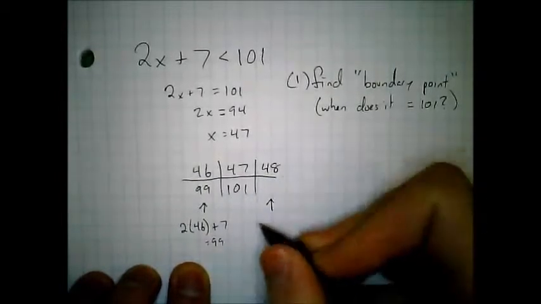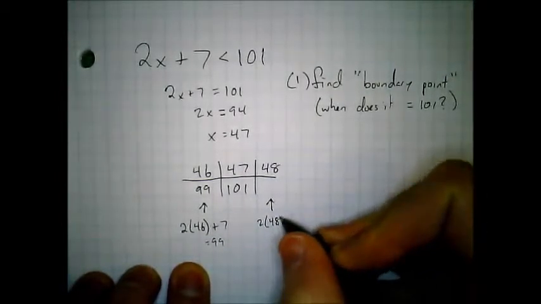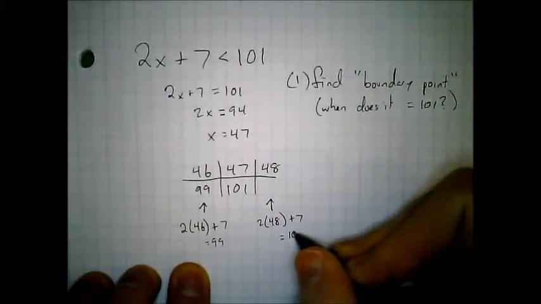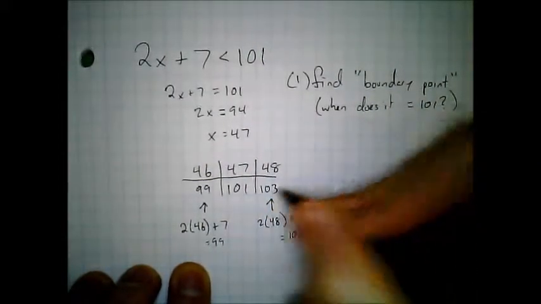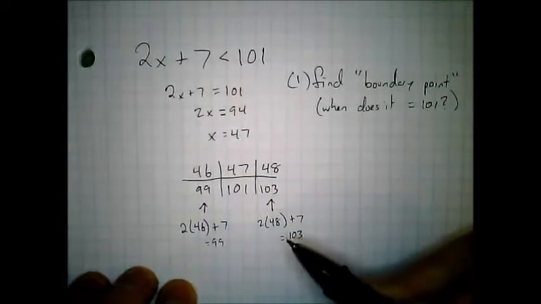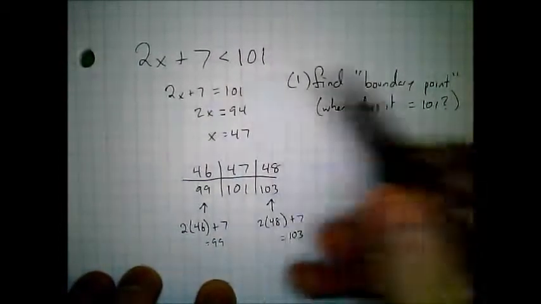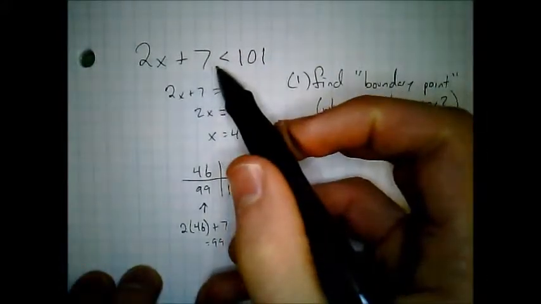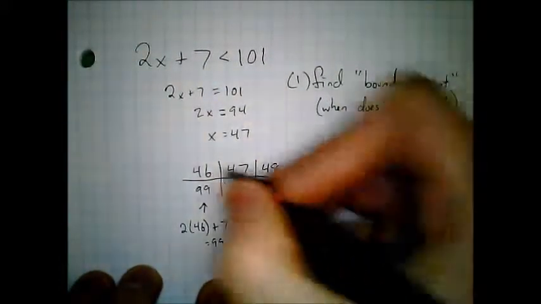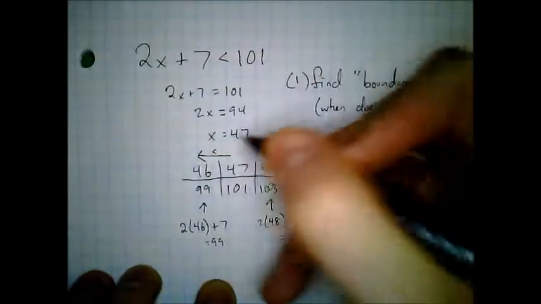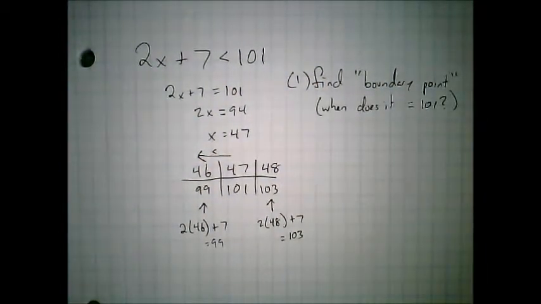And the same thing over here. All we're doing is saying how tall is the tree after 48 years. We do 2 times 48 plus 7, and this equals 103. And that makes sense because it's growing 2 feet. So this is helping us understand this pattern. So 2x plus 7, we want to know when is this going to be less than 101? Well, it's going to be less than 101 before 47.